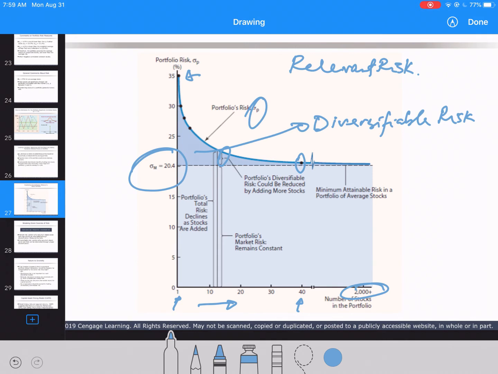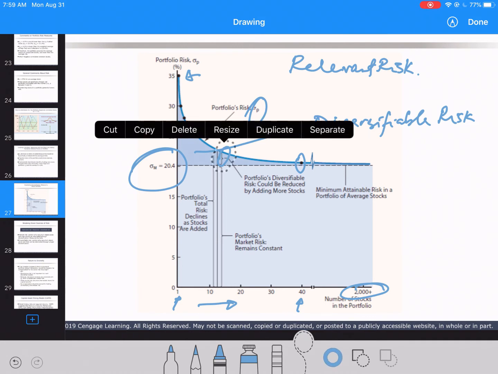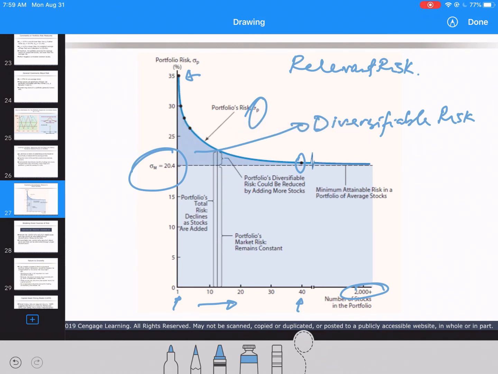And this part, let me get rid of that, and let me add letters here.